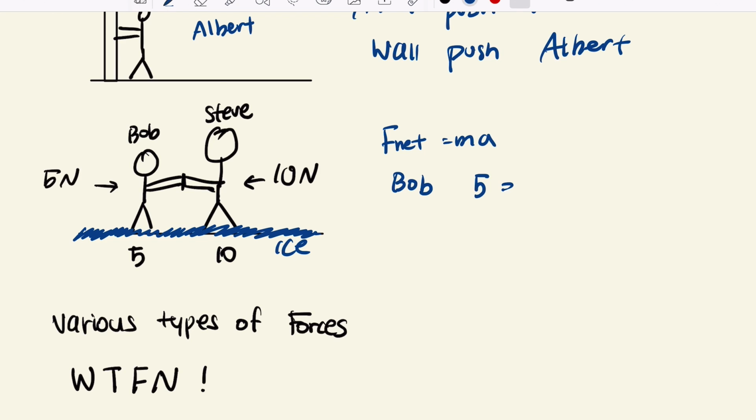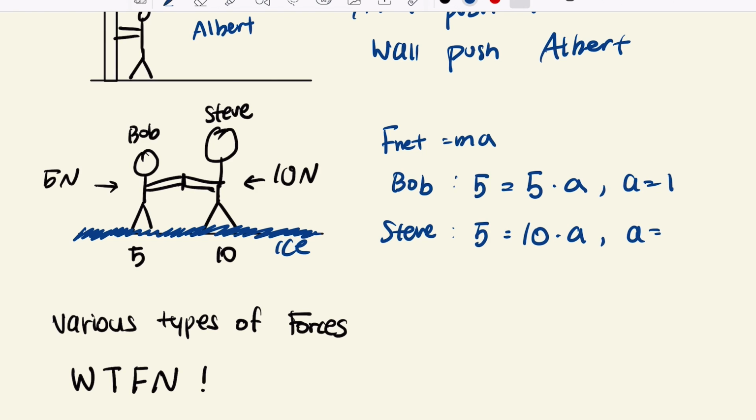So 5 equals, because Bob's mass is 5, times A, and Steve 5 equals 10 times A. So here A would be 1 for Bob and A would be 0.5 for Steve.